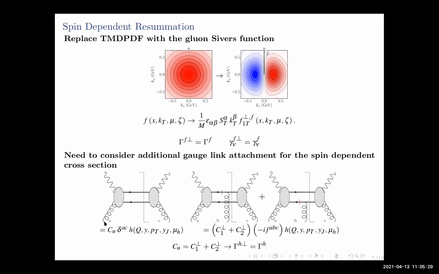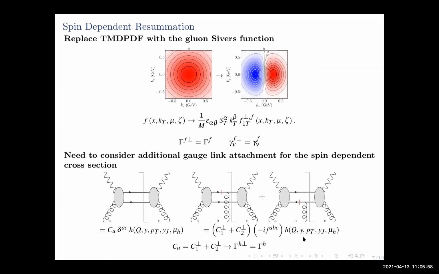It just enforces that the color entering and exiting the gluon-gluon correlator has to be the same. Over here we have two attachments, one to the heavy quark and one to the heavy anti-quark. As a result, we have two color factors entering into this hard function. We have a minus i f^{ABC}, and then we can write this as a kinematic part.